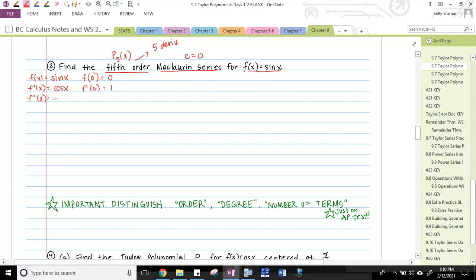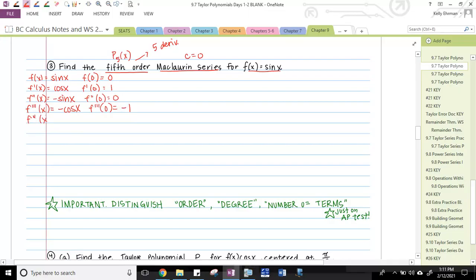Derivative of cosine is negative sine. Negative sine of 0 is still 0. Third derivative. Derivative of negative sine is negative cosine. The third derivative, so negative cosine of 0 is negative 1.